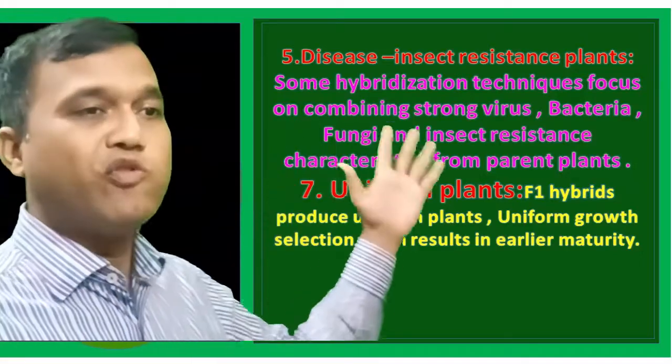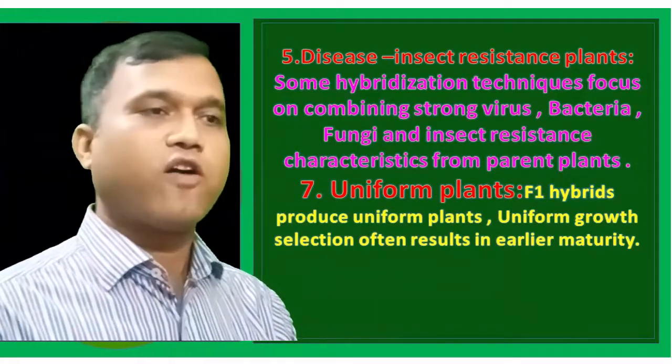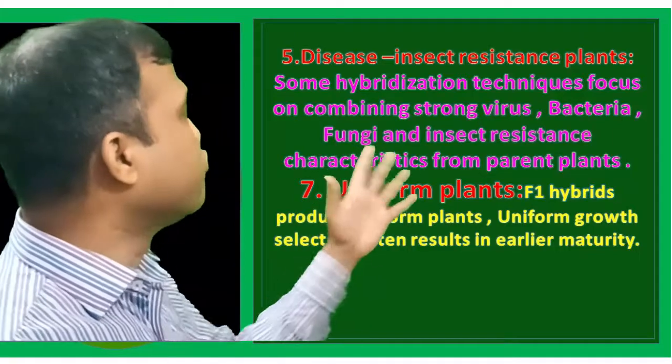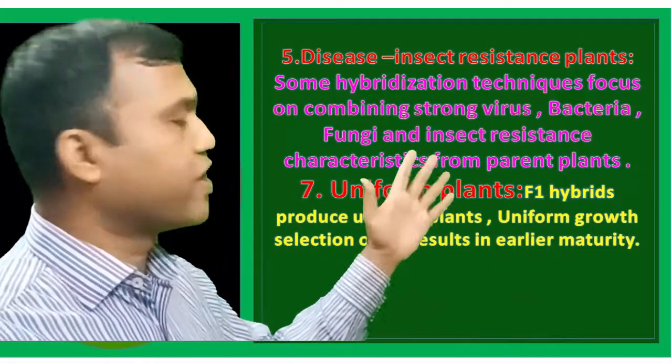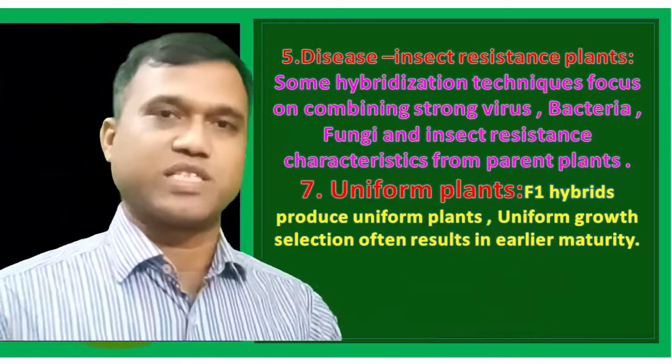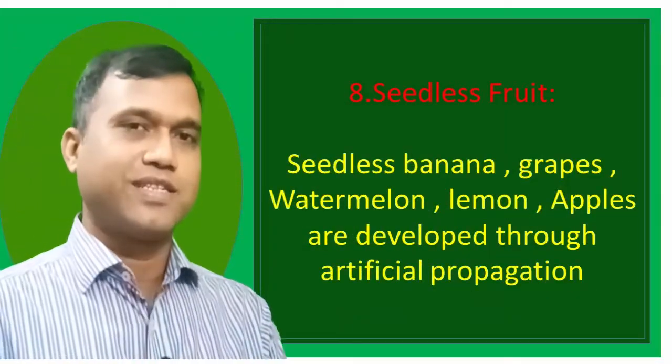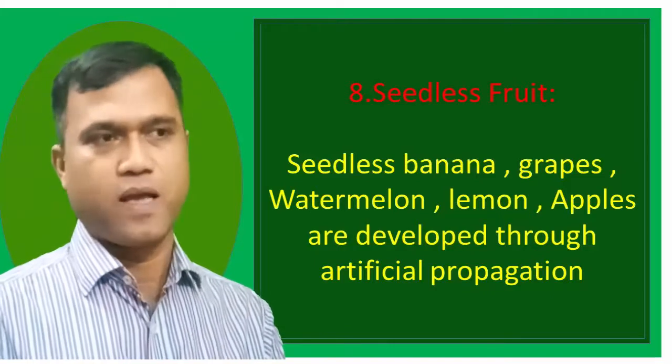Seventh point, uniform plants. F1 hybrids produce uniform plants. Uniform growth often results in earlier maturity. Next point, seedless fruit.